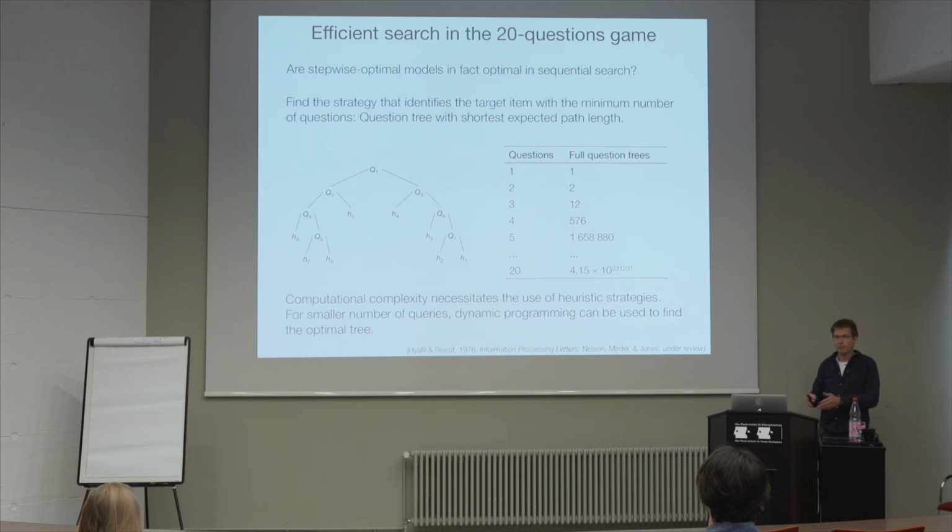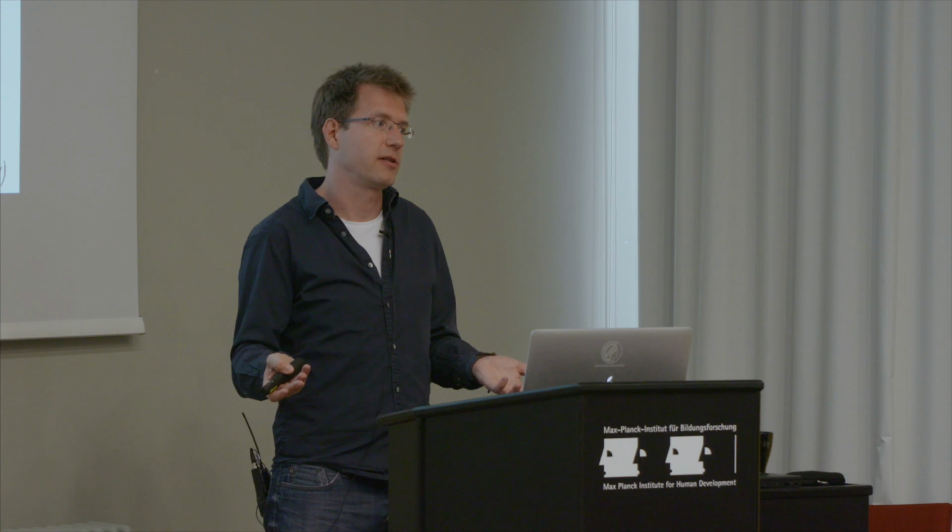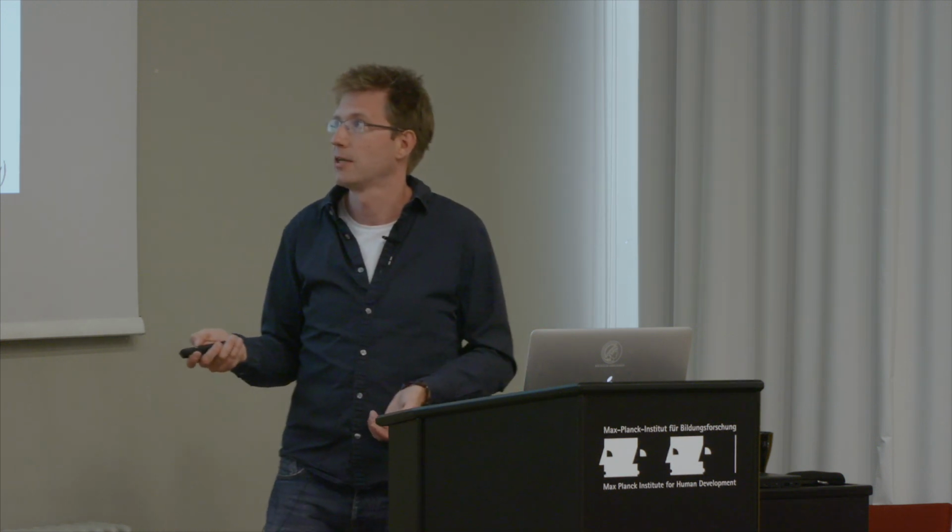So it's a very simple problem, but it's like chess or some other things. Once you want to consider all possible solutions, it just doesn't work. So from a computational standpoint, you need some kind of heuristic. So it could be heuristic in the computer science sense or heuristic in a psychological sense.